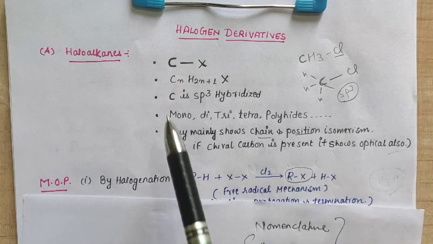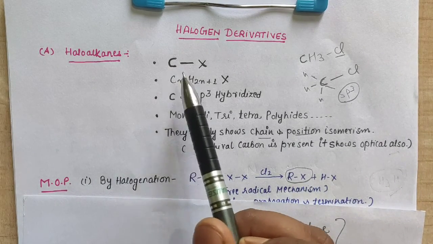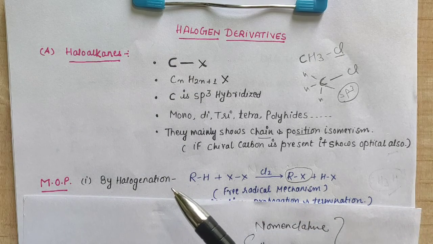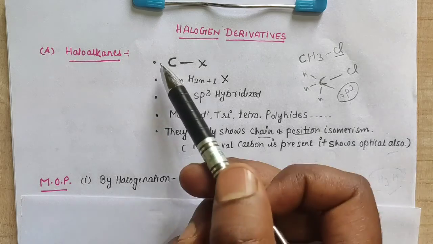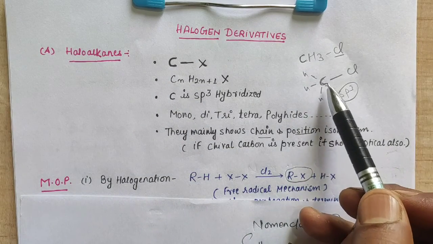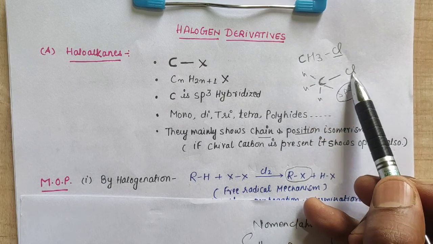Basically, haloalkanes are organic compounds in which a halogen atom is directly linked with a carbon atom, like this CH3X. For example, this is methyl chloride, in which carbon is directly attached to the halogen.